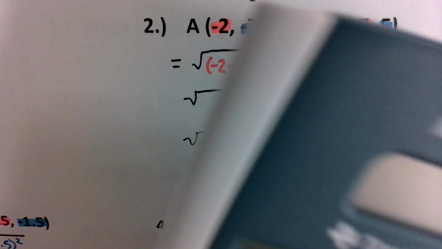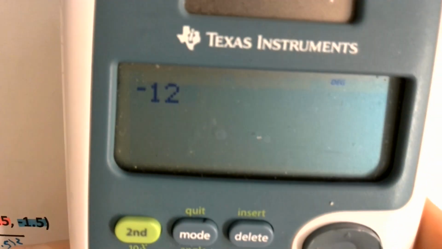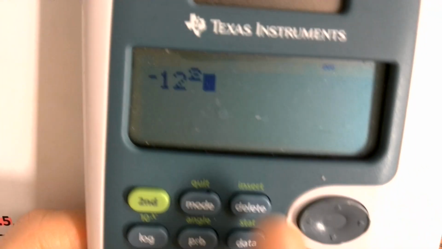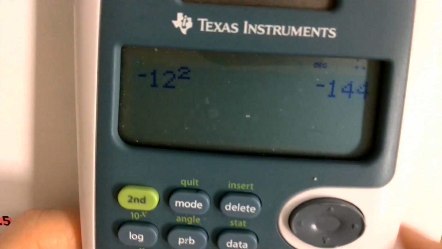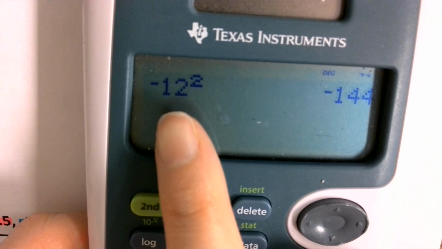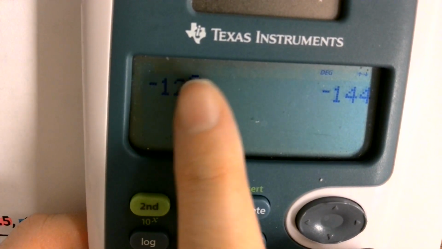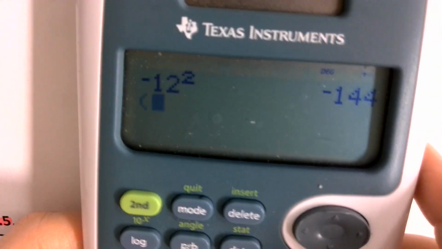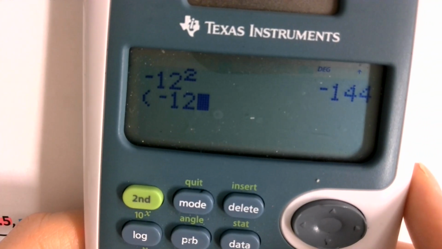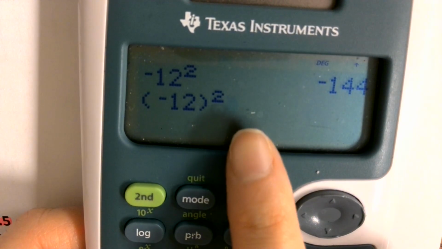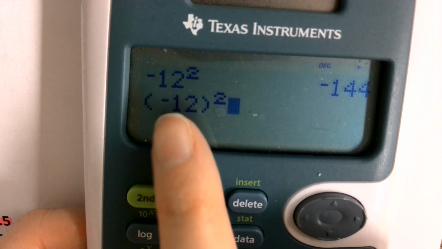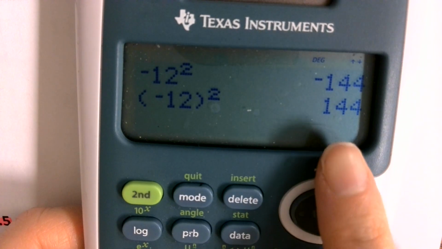The reason being is because your calculator, when you're typing negative 12 and then squaring that, the square is only going to the 12 and not to the negative. So obviously it's going to give you a negative answer because it's saying it's the negative of 12 squared. Whereas here, if I put the parentheses around the negative 12 first, and then I square it, then it's going, oh, I'm taking negative 12 and squaring that value, and that gives you your positive.